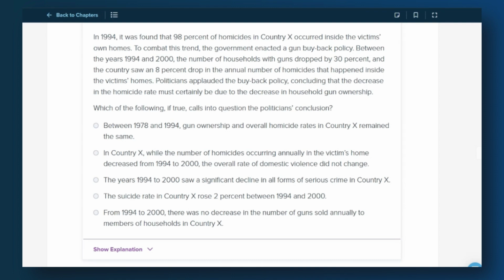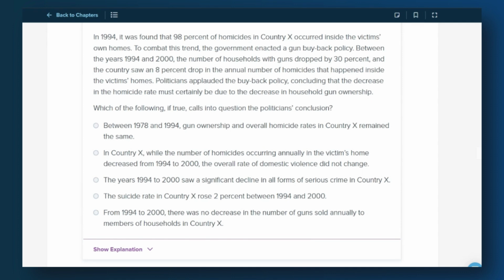Between the years 1994 and 2000, the number of households with guns dropped by 30%, and the country saw an 8% drop in the annual number of homicides that happened inside the victims' homes. Politicians applauded the buyback policy, concluding that the decrease in the homicide rate must certainly be due to the decrease in household gun ownership.